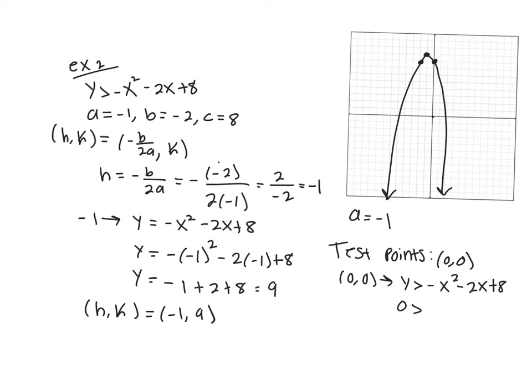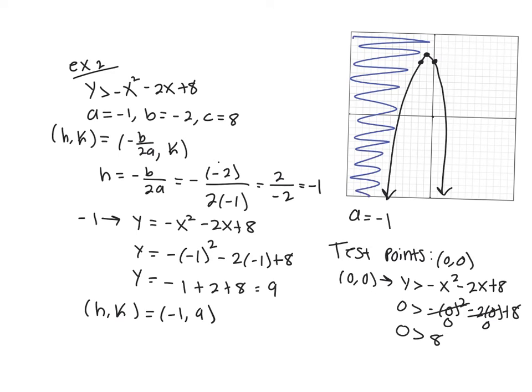So 0 is greater than this. Again, make sure you watch your parentheses when you substitute. This becomes 0, this becomes 0, so I've got 8. So this is saying 0 is greater than 8. That's a false statement. So I'm shading on the outside of my parabola.